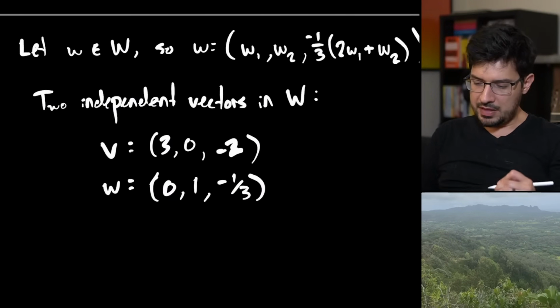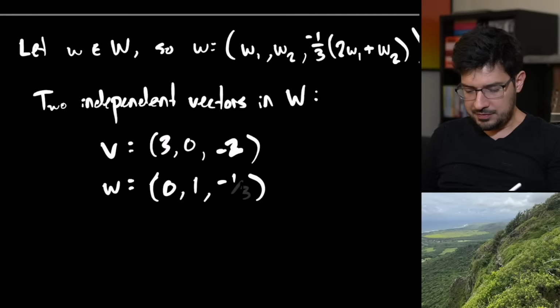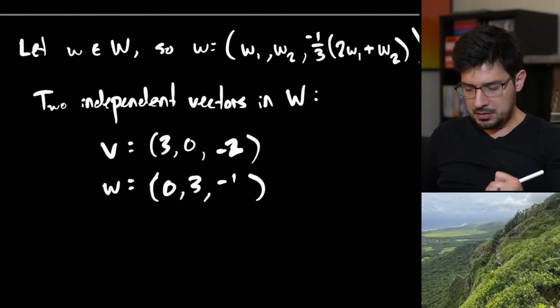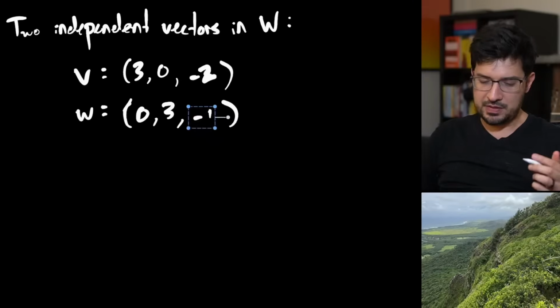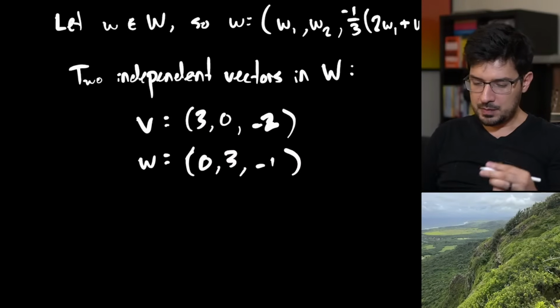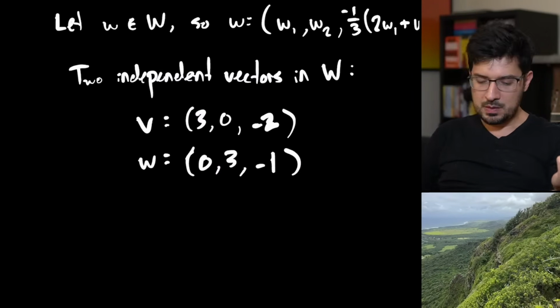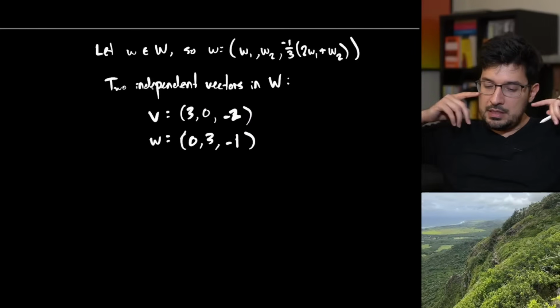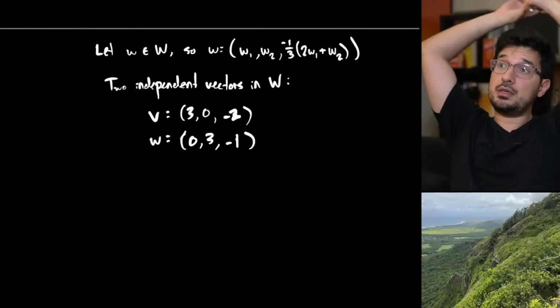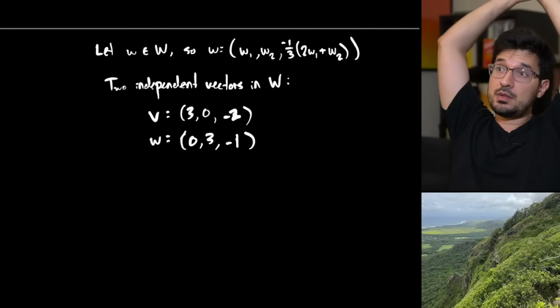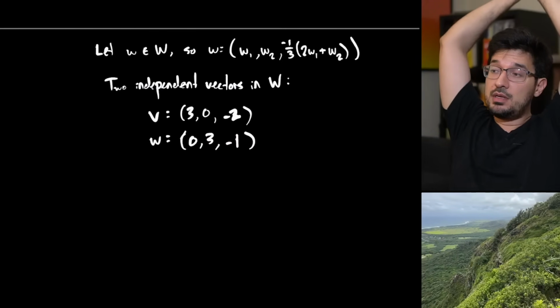I can scale that, multiply everything by 3, and then we have a nice vector to work with: 0, 3, negative 1. So those are independent. They're not themselves orthogonal. Notice that those are not orthogonal vectors themselves.